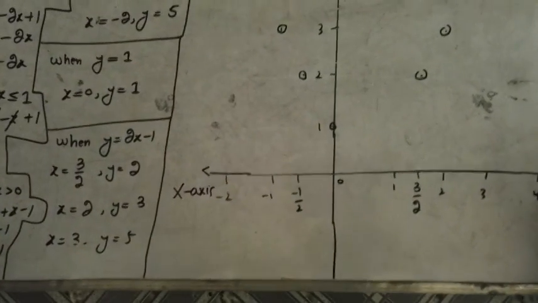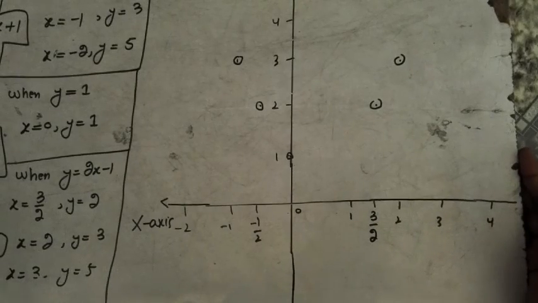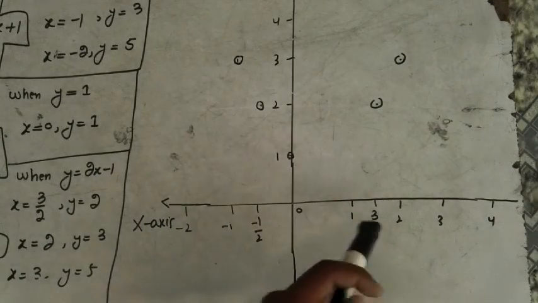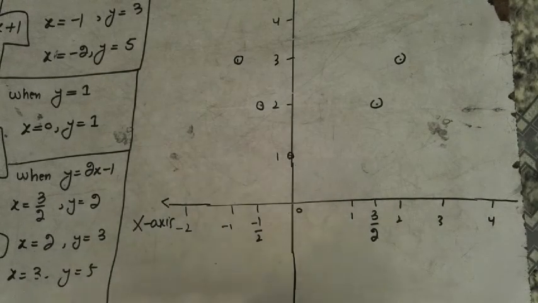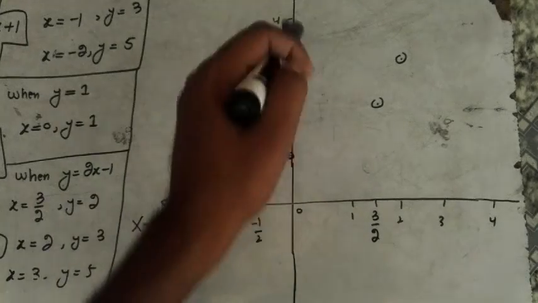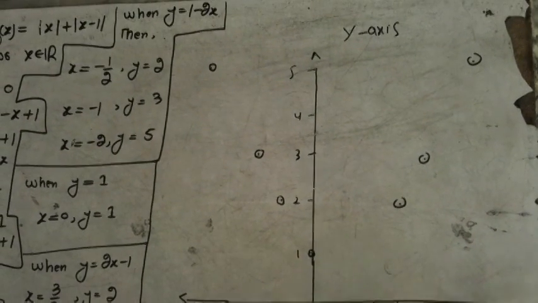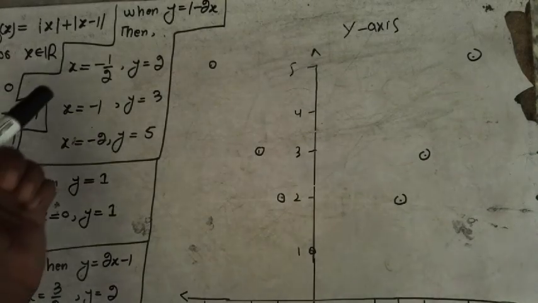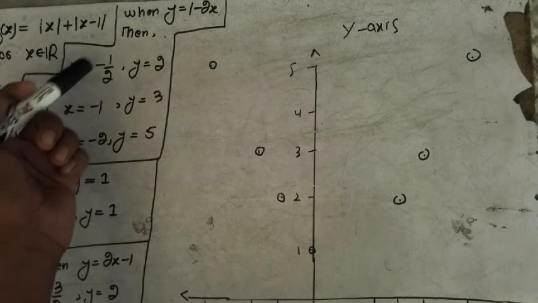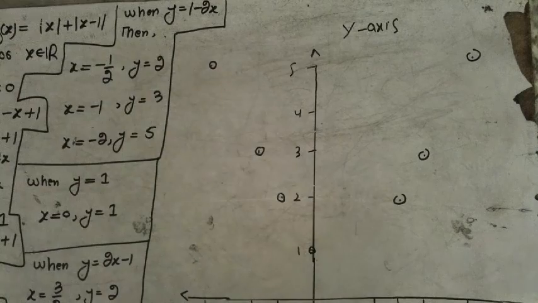First of all, for the graph of the given function, this is the x-axis and this is the y-axis. So for the first equation, the value of x is minus 1 by 2 and y is 2.